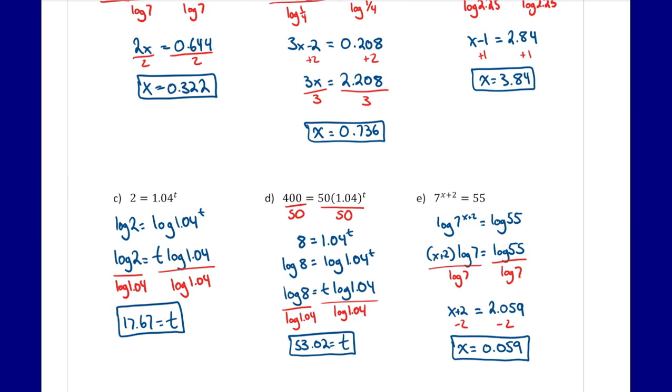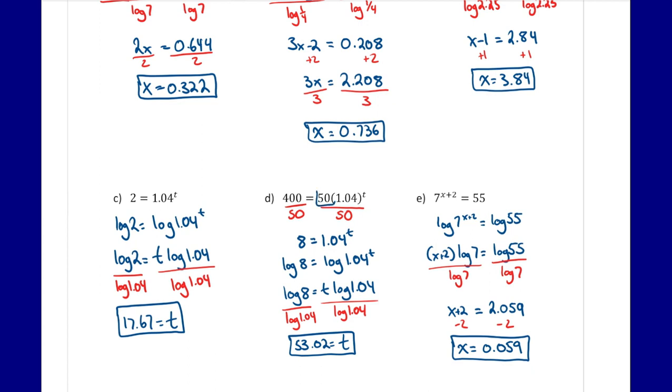D, as I mentioned, was one that might be a little bit different because we don't have the power alone on the right side. So we do have to divide out 50 first. We can't multiply 50 by 1.04 because that would be combining two different powers, so to speak.